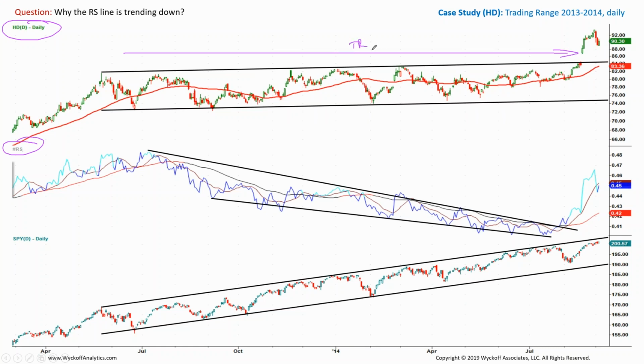It's a trading range. But then the relative strength is actually going down. So the question that I have for you guys, and I want you to answer this, write it down in your questions box: why is the relative strength line trending down? What's happening here?